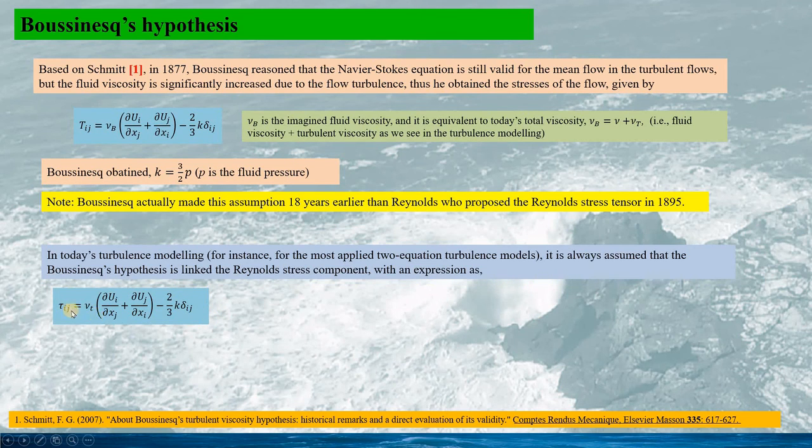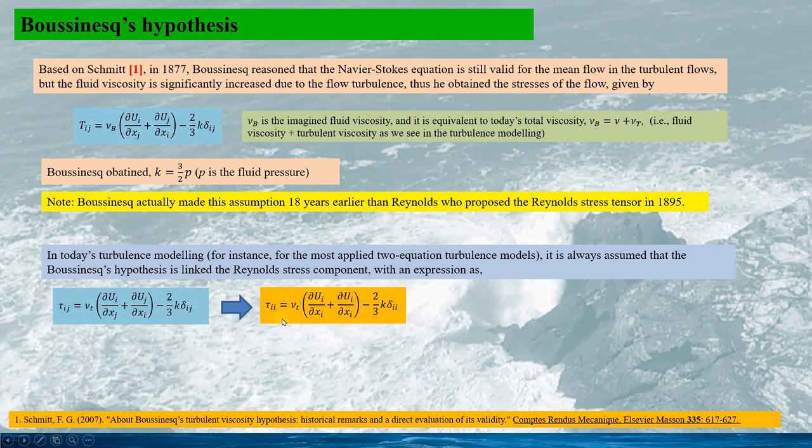Here, tau ij is the Reynolds stress tensor, nu t is the turbulent eddy viscosity, capital Ui and capital Uj are the mean velocities, and K here is the turbulent kinetic energy.